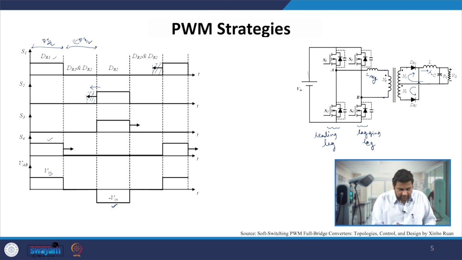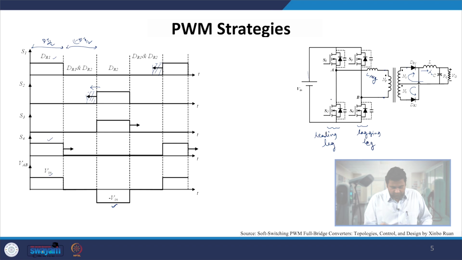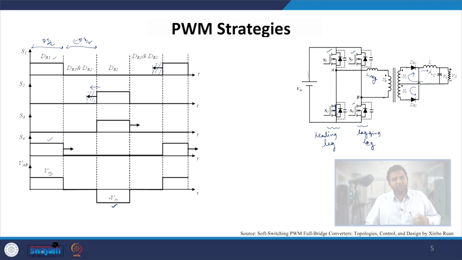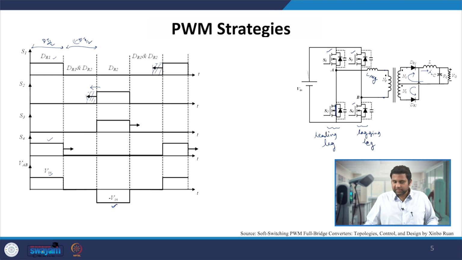As a result, since my S1 is already off, my S4 is off and my S3 is still off, even if I turn on my S2, my voltage across VAB will still be 0, because this is off, this is off, this is off, and we are just turning on this S2 switch. So even if we turn on the S2 switch, it does not make much difference to the VAB voltage.